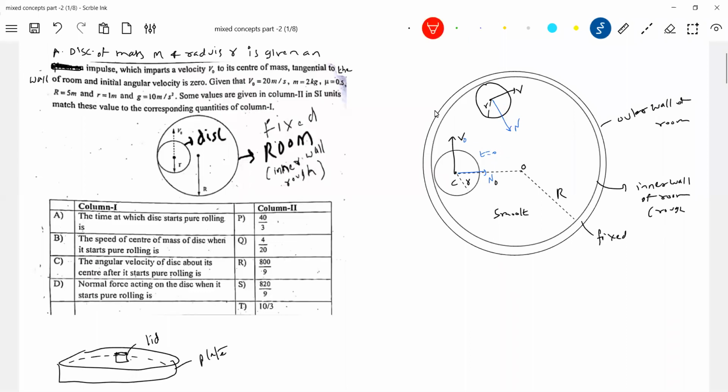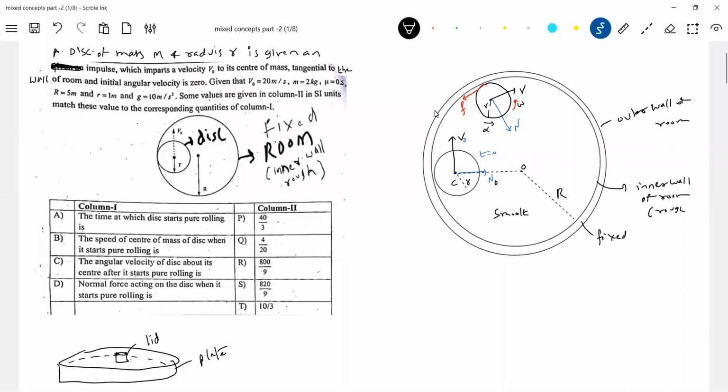Friction acts in this direction. This friction will set up a torque, giving alpha, so angular velocity will be there. I'll show omega here.